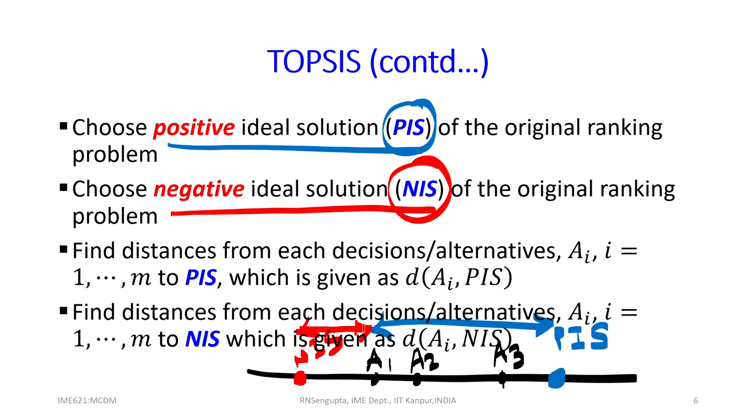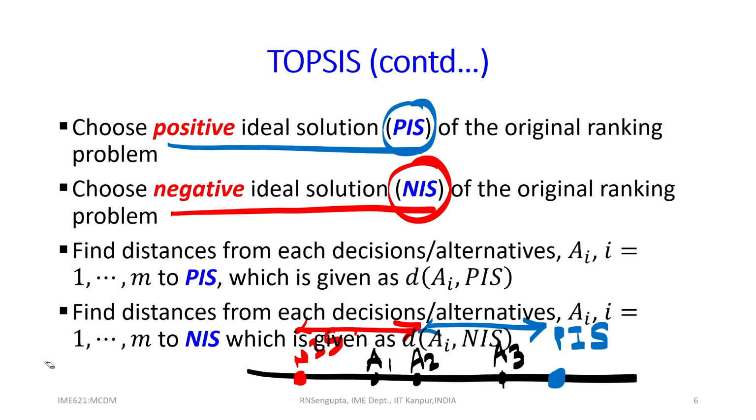Similarly, if I consider A2, this is the distance from PIS and this is the distance from NIS for the second case.